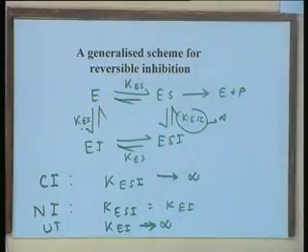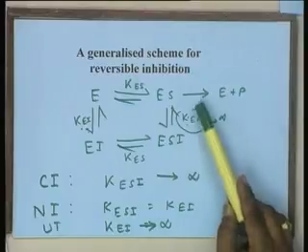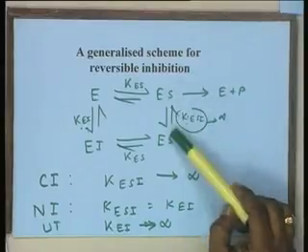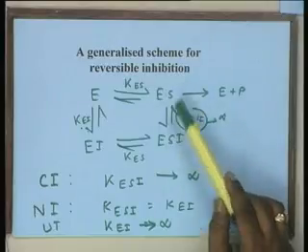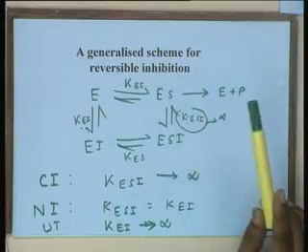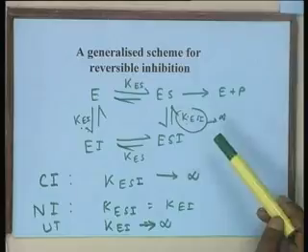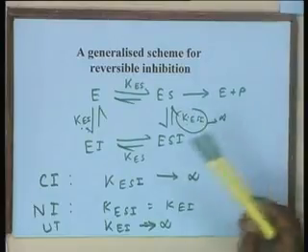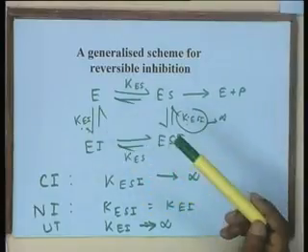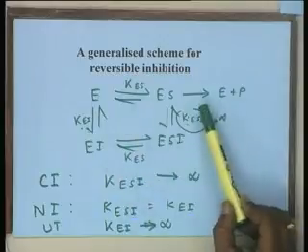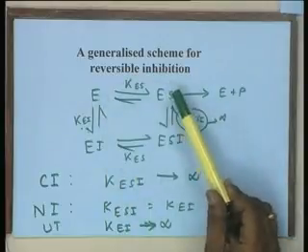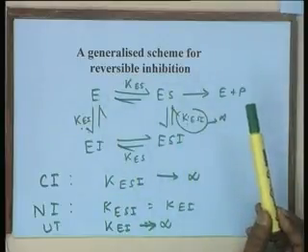So, basically the cases are typical examples of extreme situations of inhibitor binding. In the competitive inhibitor, the binding of the inhibitor to the ES complex is not feasible, and the dissociation constant is infinity. In the case of non-competitive inhibition, it can bind either to E or ES, and the dissociation constants are identical.